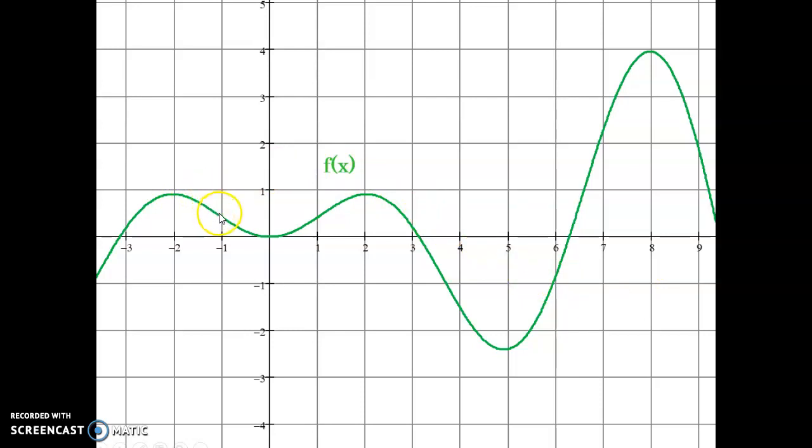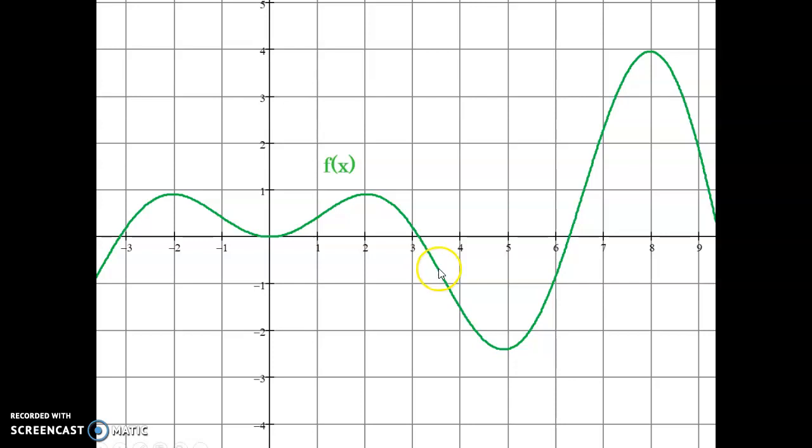I would say we have a point of inflection about here at x equals about negative 1, and then again here at positive 1, a little bit less. So we would say that the curve is concave up on the interval from negative 1 to 1. This is where the second derivative will be positive.